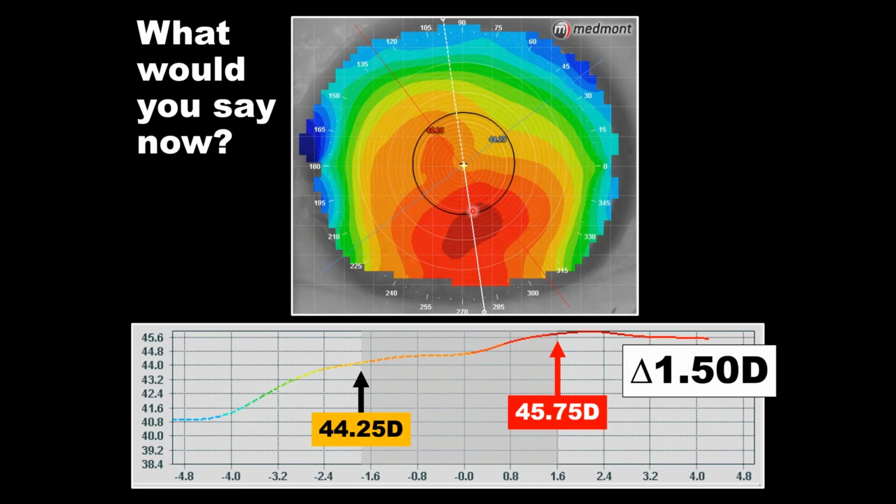And there's really only 1.5 diopters of power distributed across this eye. That's not so significant. One would presume that's pretty common in the population, and therefore good quality of vision should be possible for this patient.